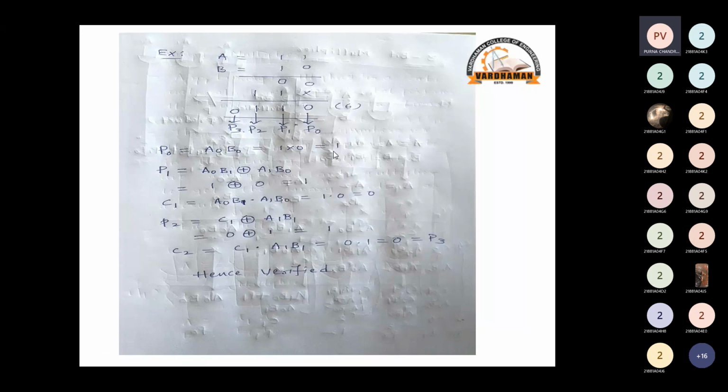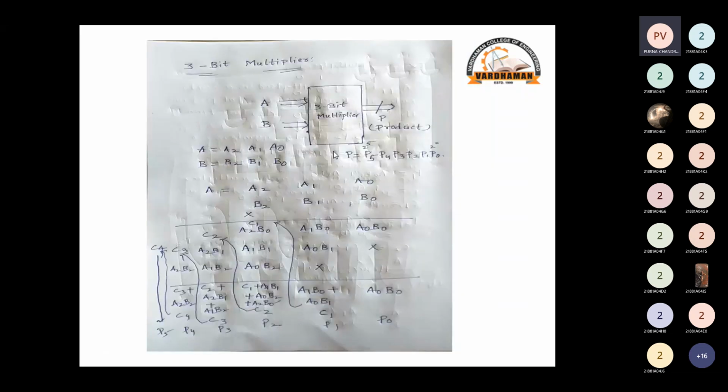Now next we will see the 3-bit multiplier. Similar to the 2-bit multiplier, we can also perform the 3-bit multiplication of two binary numbers. Each binary number consists of 3 bits. That's why this is nothing but a 3-bit multiplier.